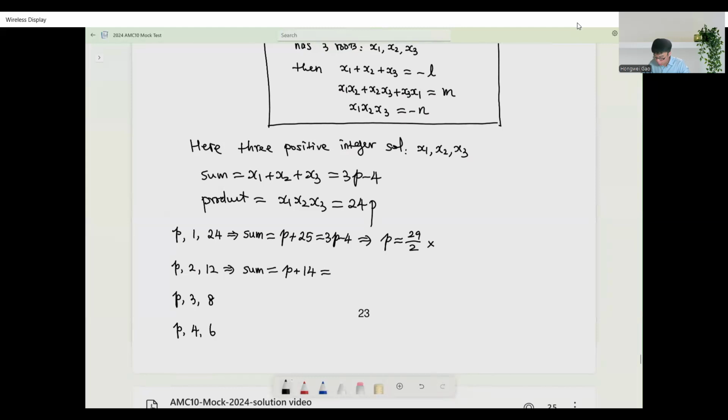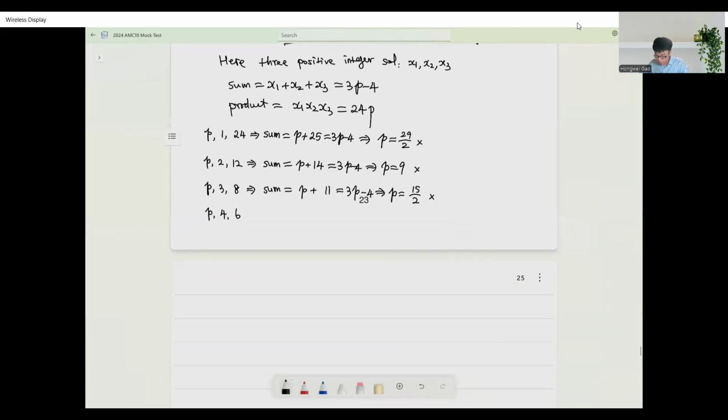It should be equal to 3p minus 4. That implies p equals 9. But 9 is not a prime number, so this case will not work. The third case, the sum is p plus 3 plus 8, which is p plus 11. It's equal to 3p minus 4. Here we can solve p equals 15 over 2. It's still not a prime number. It's not an integer.